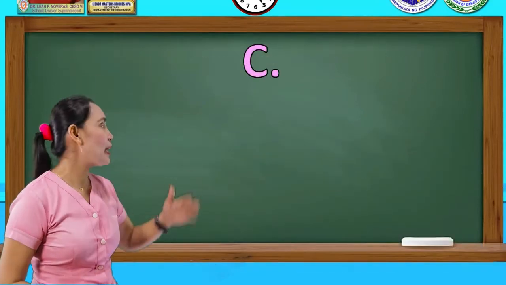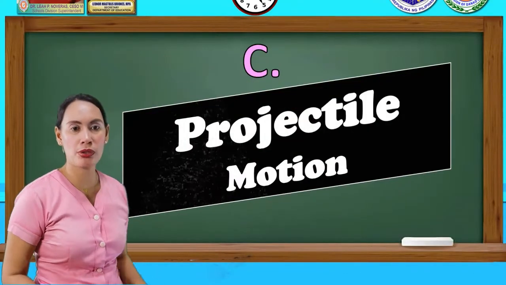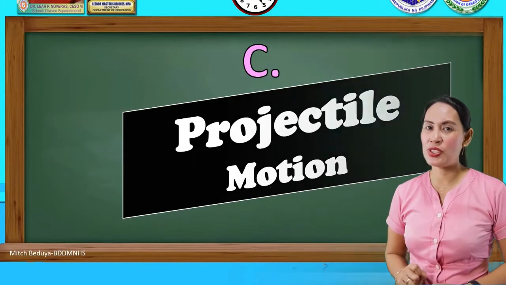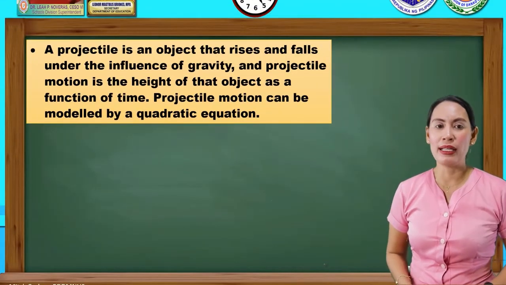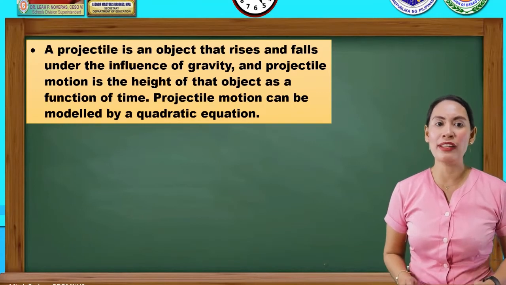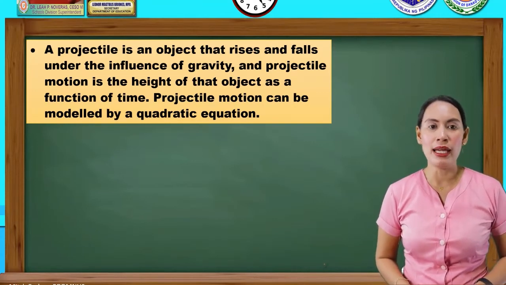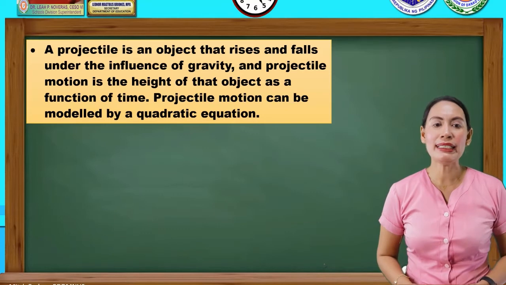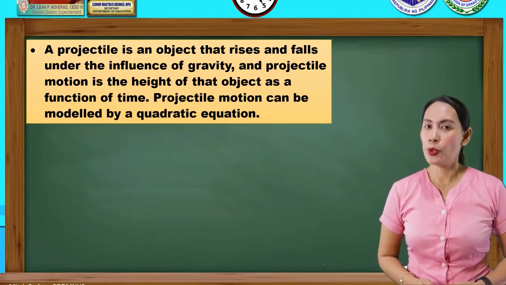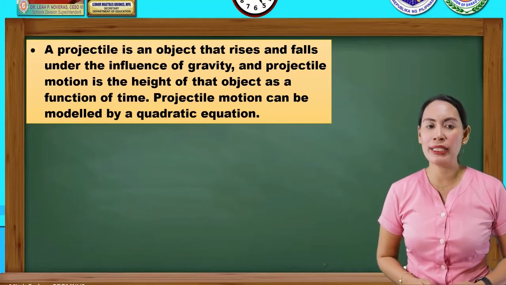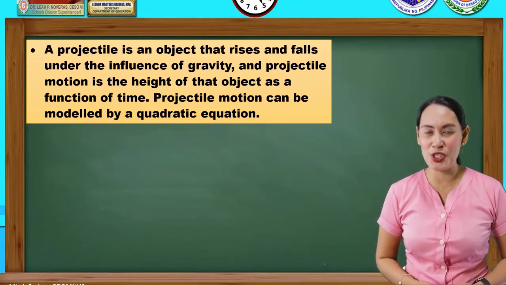Next is the problem involving projectile motion. What is a projectile? A projectile is an object that rises or falls under the influence of gravity, and projectile motion is the height of that object as a function of time. Projectile motion can be modeled by a quadratic equation.